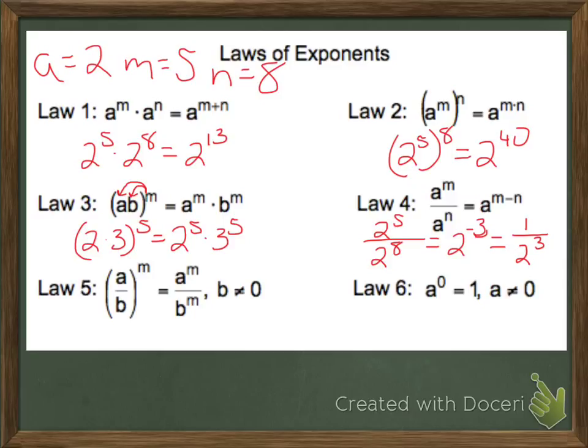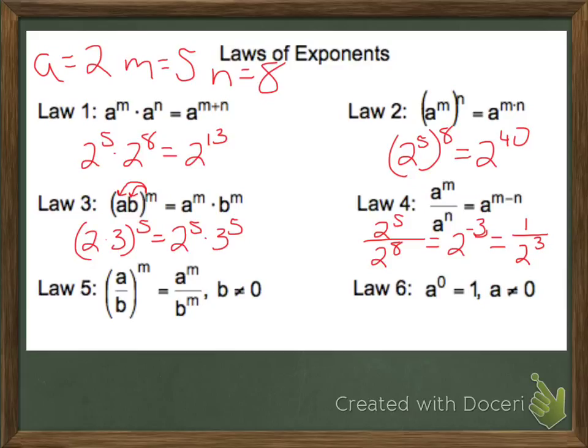Anytime you have a negative exponent, wherever it may be, if it's in the bottom, bring it to the top. If it's in the top, bring it to the bottom. But make sure that you flip it, do the reciprocal, and change the exponent. It now becomes a positive once you've done the reciprocal. You've taken care of that negative.